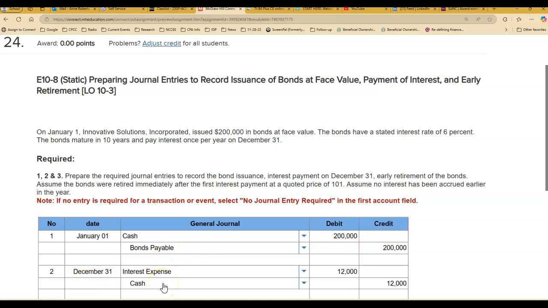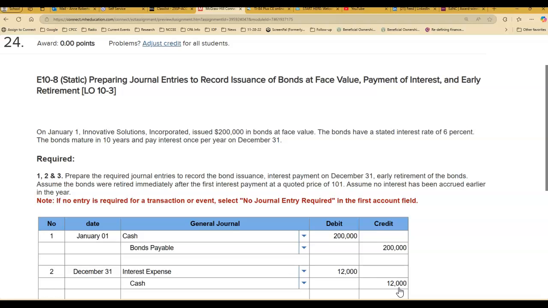One year later, we need to make the interest payment. The interest payment is simply the $200,000 times the 6%. That gets you to your $12,000. And again, remember, when you're taking that interest rate times the stated rate, that's the cash number. Then the interest expense and any premium or anything will then be taken into account.